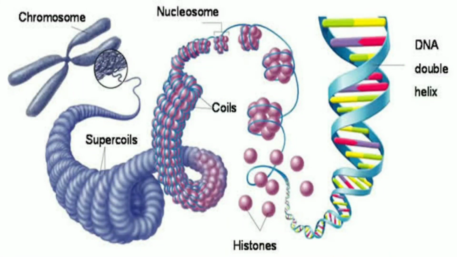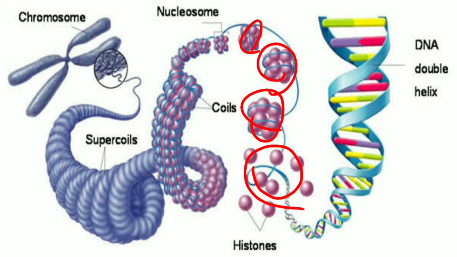Here you can see how the packaging takes place to give the final shape of the chromosome. This is the double helical DNA, whose structure we have discussed in the last lecture as the Watson and Crick's model of DNA. Since its length is very long, along with the histone molecules, it forms the nucleosomes.